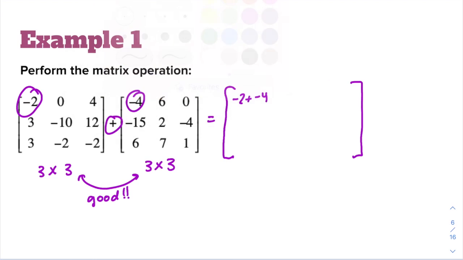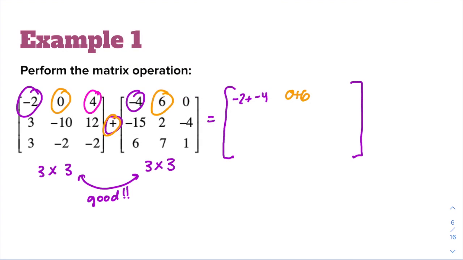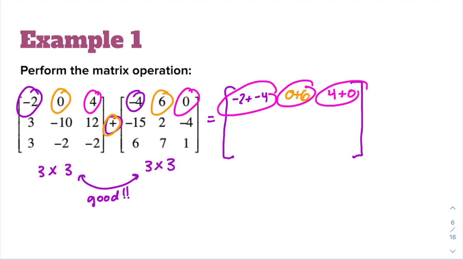Then I'm going to do the operation 0 plus 6, and that's going to go in position 1,2. And then I would do 4 plus 0, and that is going to go in position 1,3. So as you can see, all you're doing is adding up the elements that are in the same position, and then you're putting that sum in that same position on the new matrix.